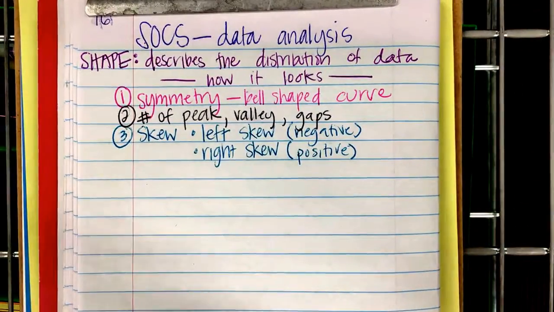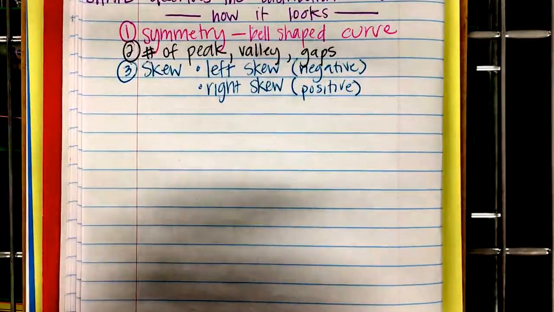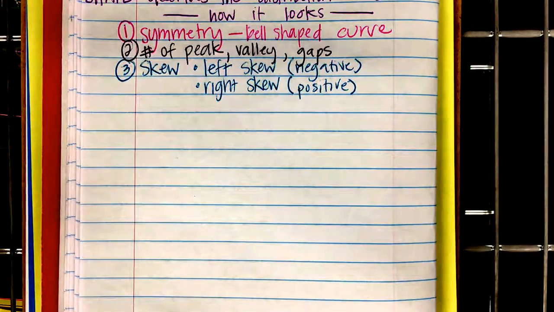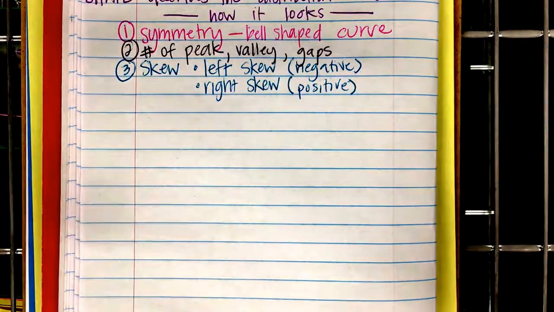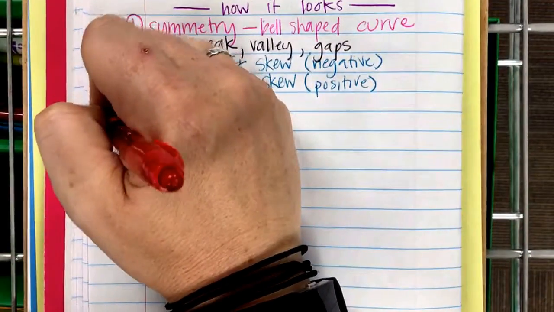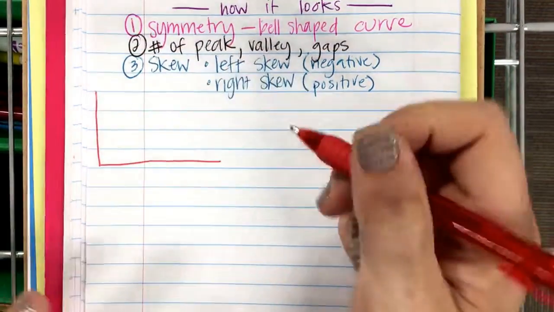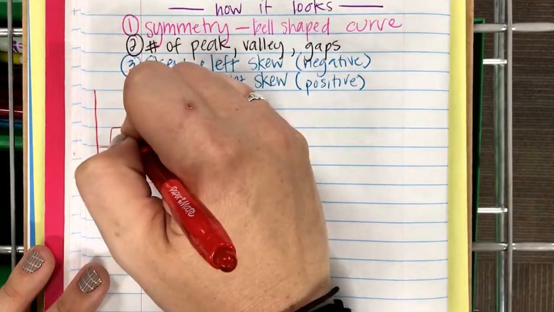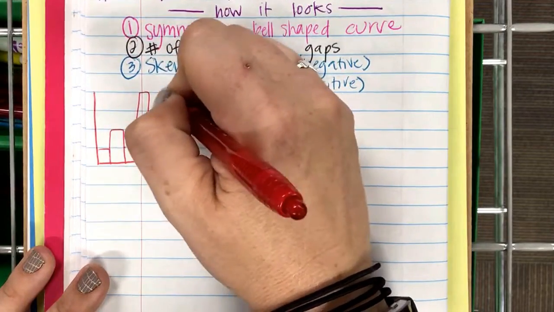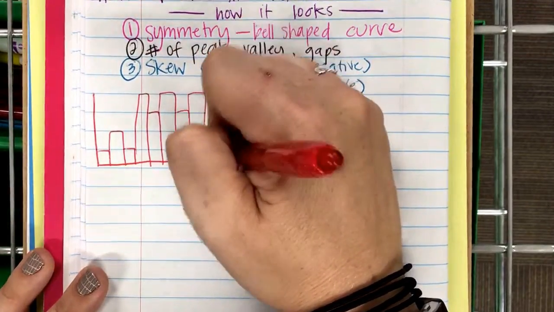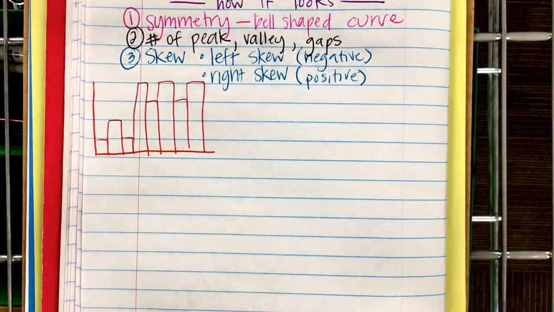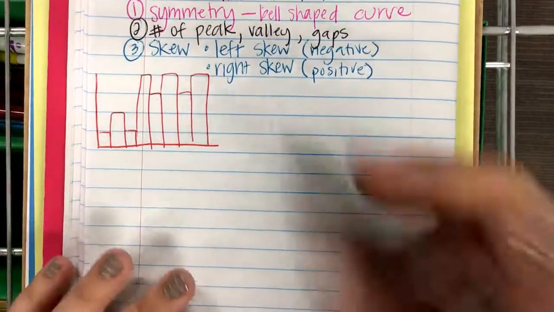All right, I'm going to draw 3 graphs. You draw 3 graphs. These 3 graphs do not have to be exactly perfect matching mine. They need to be similar enough because we're going to talk about the shape of the graph. So if your graph is a different shape, you're going to be in trouble. But it does not have to be exactly perfect. We're going to talk about the shape of these graphs. So I'm just drawing 3 quick graphs.